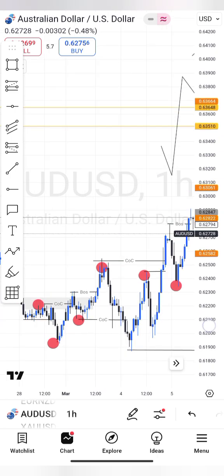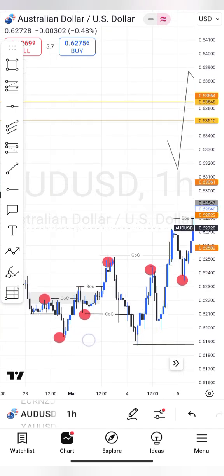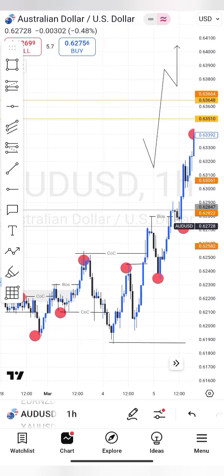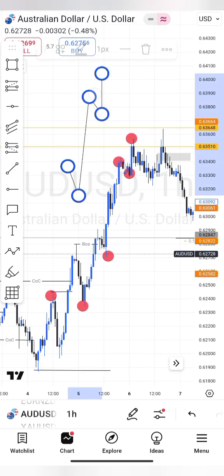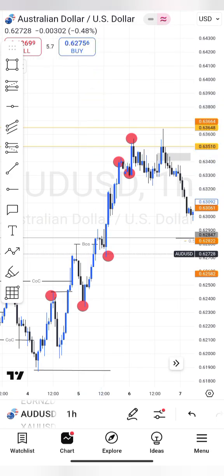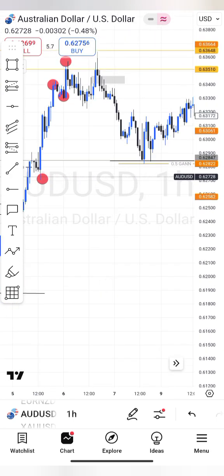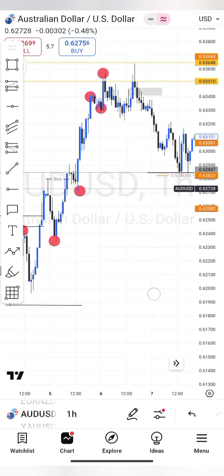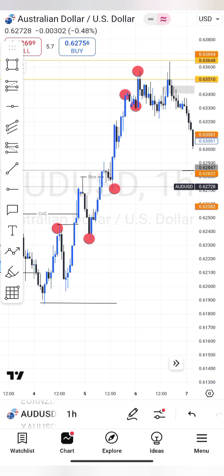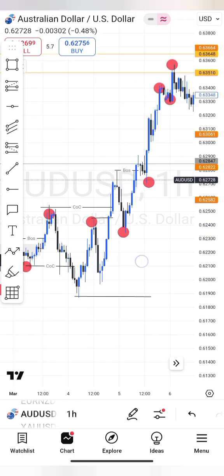So now it's easy for you to spot your change of character if you understand the characteristics of a trend. Okay, so you just have to practice this. There's no rush. You just understand what you're doing, practice it, and when you become better at it, you'll be able to spot what market is doing, what direction market is going to. By spotting what market is doing and direction, it will be easier for you to know where to trade.